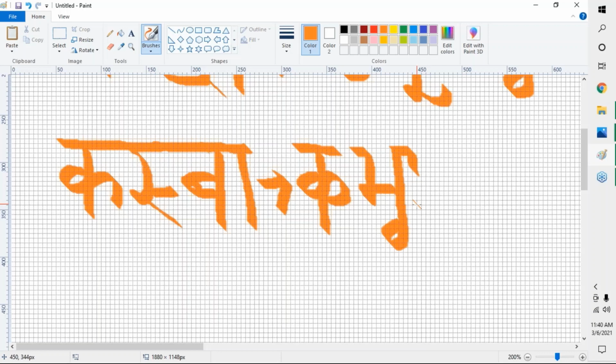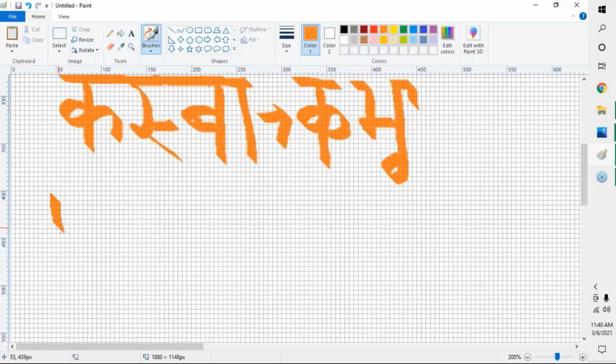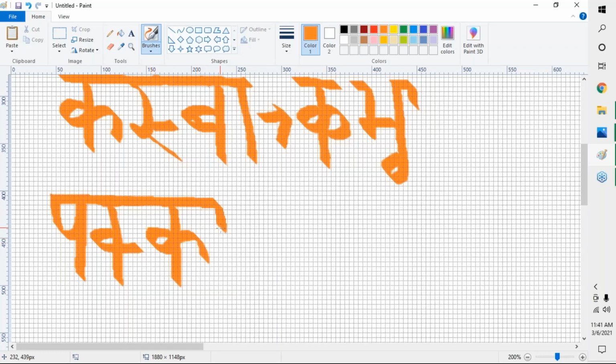Students can try it. Let me take another very good example. We will be a little slow. I know this is a little difficult for students because they are doing it the first time. So you will have to remember those rules. So suppose this K, Pakka.